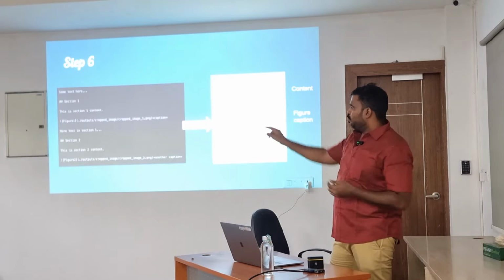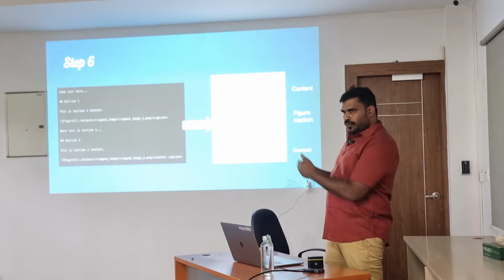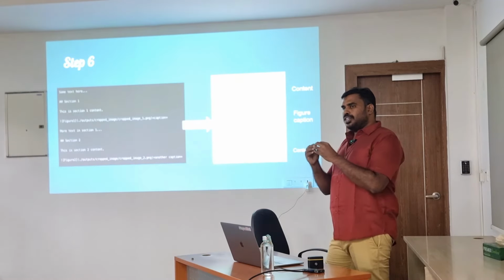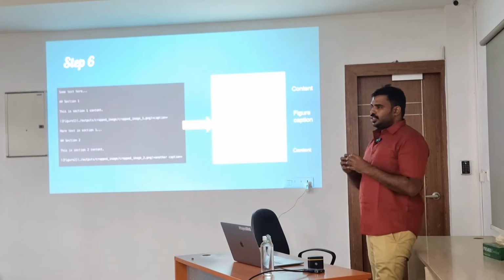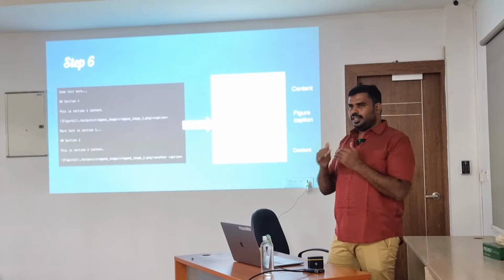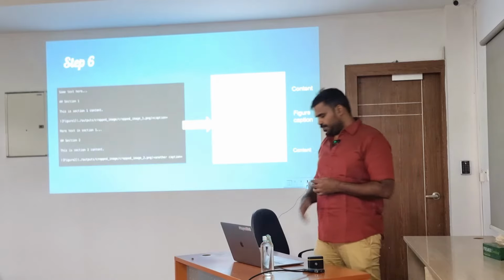The second chunk should be the image, the third chunk should be the content, and the fourth chunk should be the last image. So you should not lose the information of the figure, so that the information will be retained, right? So this is step 6. Step 6 needs a little bit of trial and error and all those things.